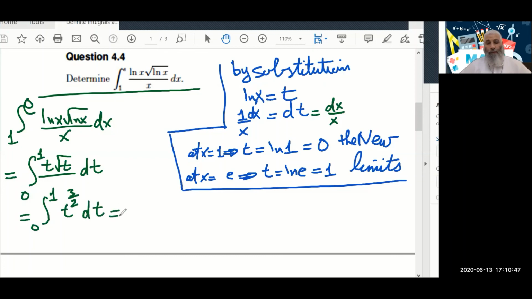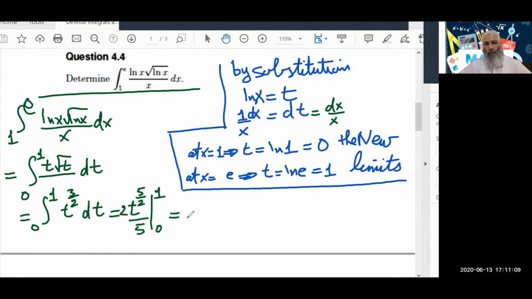The integration of t power 3 over 2 is t power 5 over 2, divided by 5 over 2, from 0 to 1.